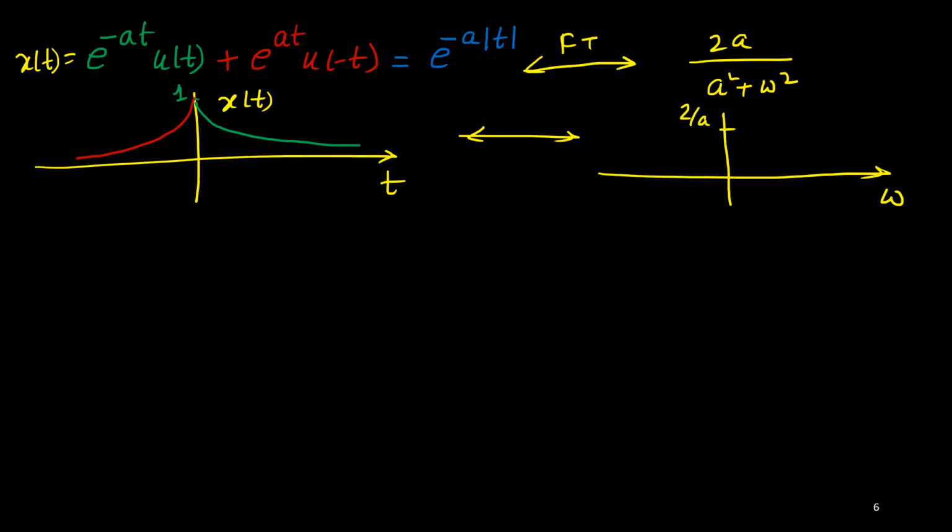Then as omega is increasing, this magnitude is reducing gradually. We can have this kind of plot on this side also. So at 0 it will have the maximum value, then both sides will decrease. Fine.